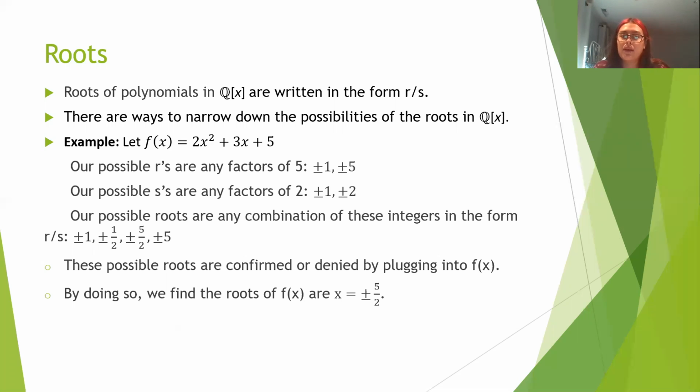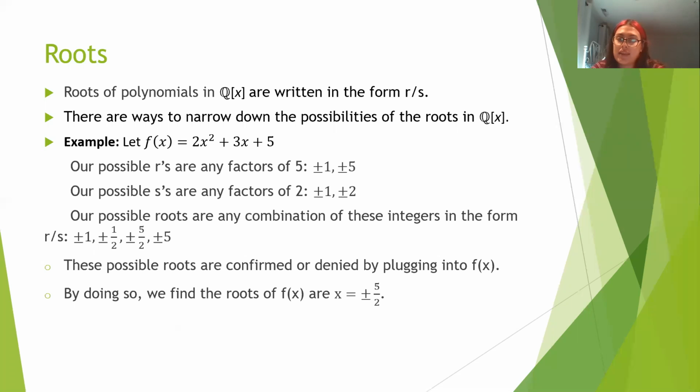So you may or may not have learned this in Algebra 2, and I kind of did. As an example, let f of x equal 2x squared plus 3x plus 5. Now, any of our possible numerators are the factors of 5, which are plus or minus 1 or plus or minus 5.